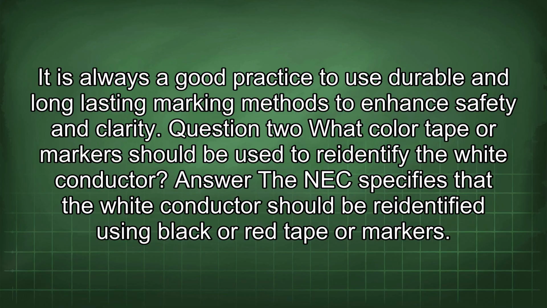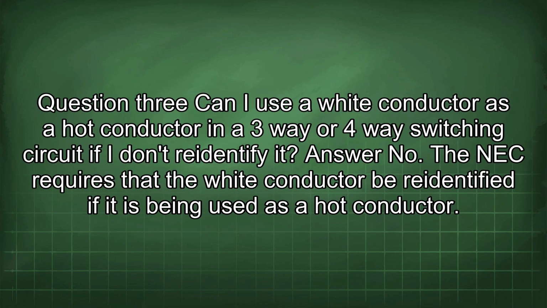Question 2. What color tape or markers should be used to re-identify the white conductor? Answer. The NEC specifies that the white conductor should be re-identified using black or red tape or markers. Question 3. Can I use a white conductor as a hot conductor in a 3-way or 4-way switching circuit if I don't re-identify it? Answer.